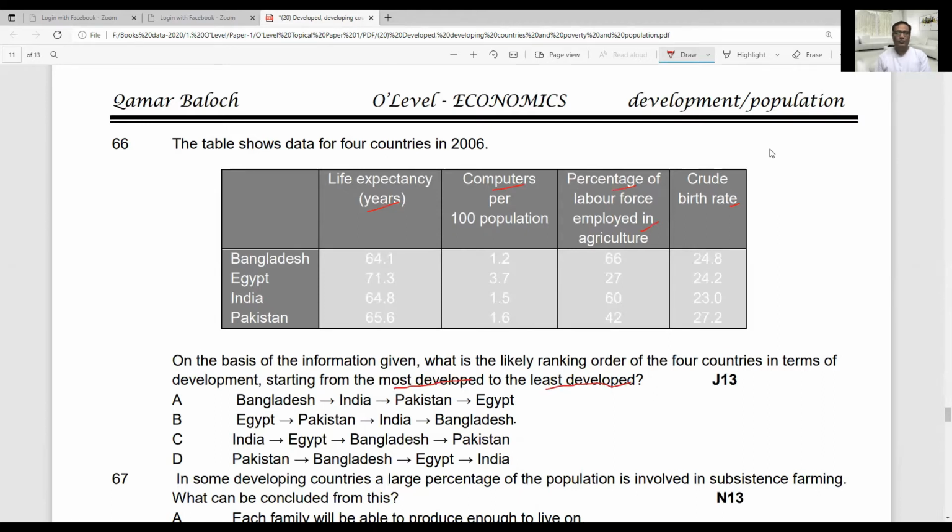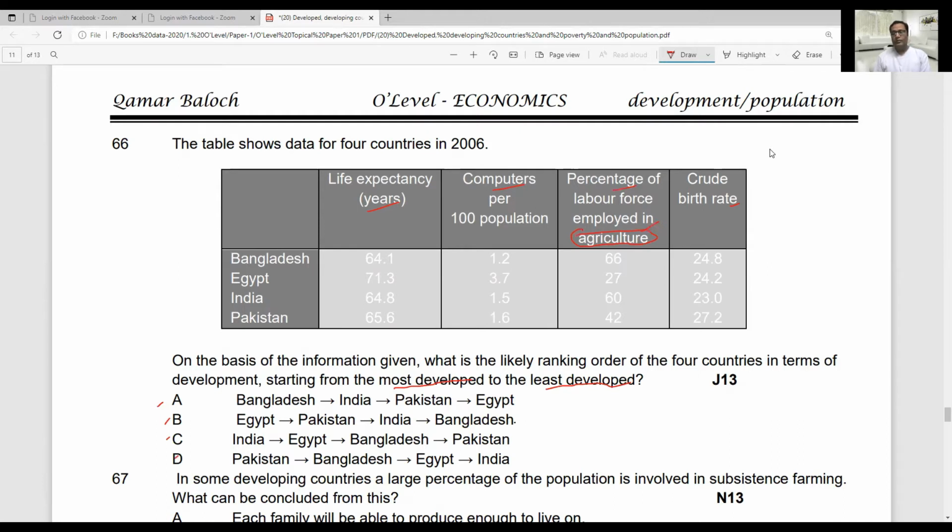So you have to find out the first country mentioned here must be in option A, B, C, D. The first country must be the most developed out of these countries, and the last country mentioned must be the least developed country. Okay, so starting with the main feature of developed and developing countries, that is population employed in the agriculture sector.